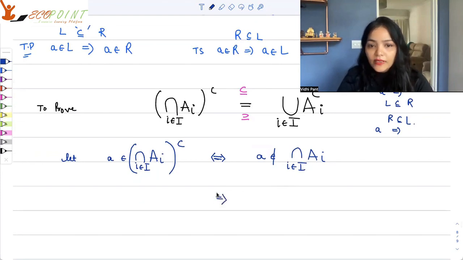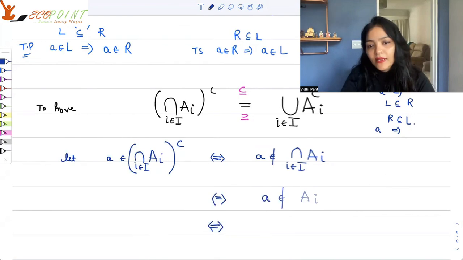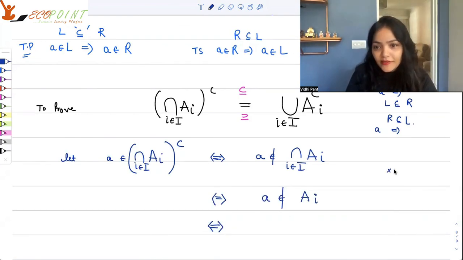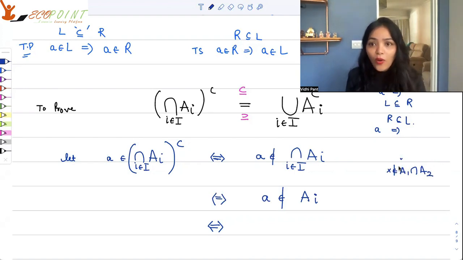Now, if that's the case, think in terms of just two sets. This is critical. When do you think an element is not a part of the intersection of two sets? In case it's a part of one set but not the other set, or it's not a part of both the sets. Either way, if it's not a part of one of them, then it's not in the intersection.